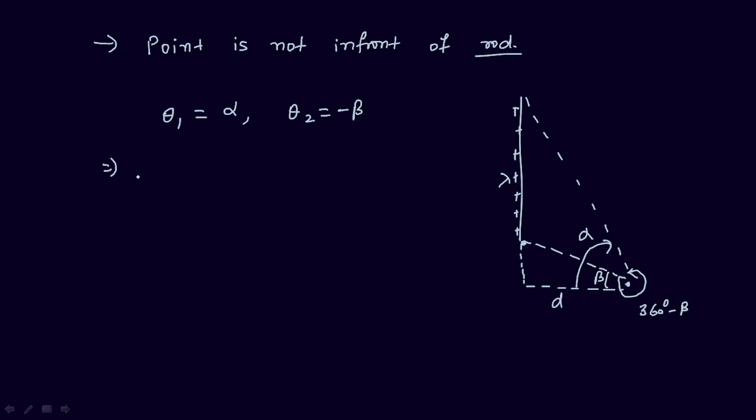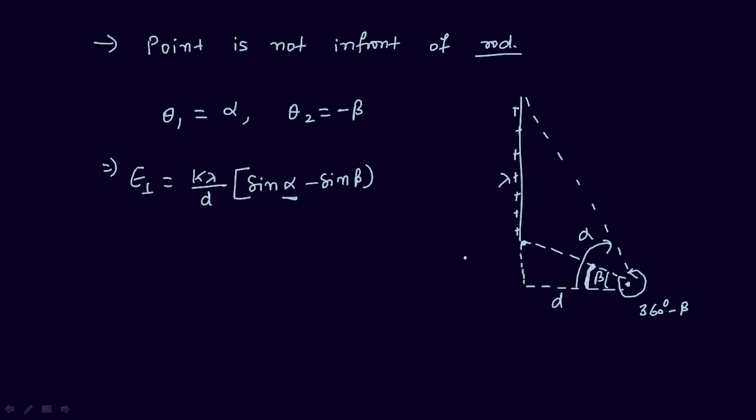So here we can write E perpendicular equals k lambda by d (sine theta 1, that is alpha, plus sine theta 2, which is minus beta). So it will become minus sine beta. Or we can see when we consider the alpha angle, this beta angle where the rod was not there, this part also we have considered, right?